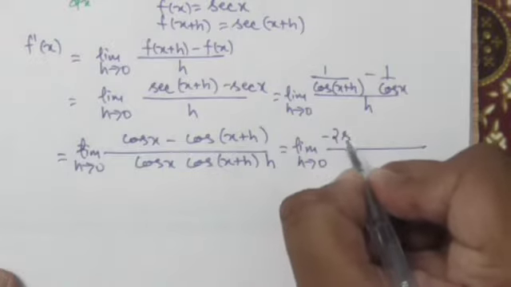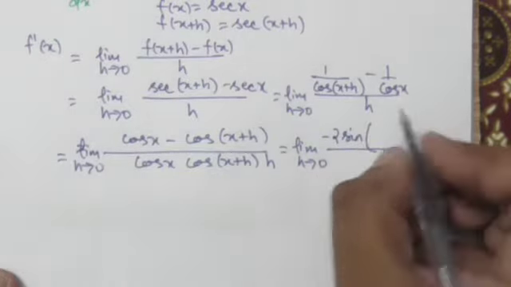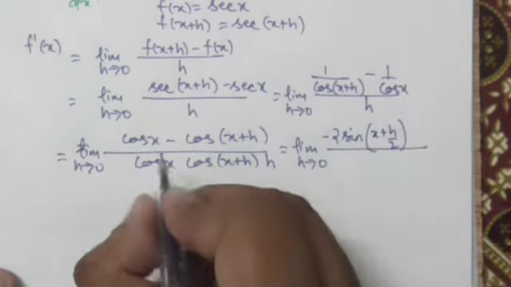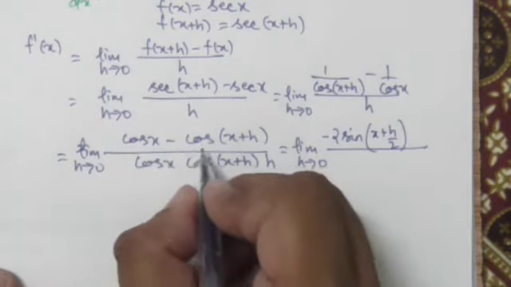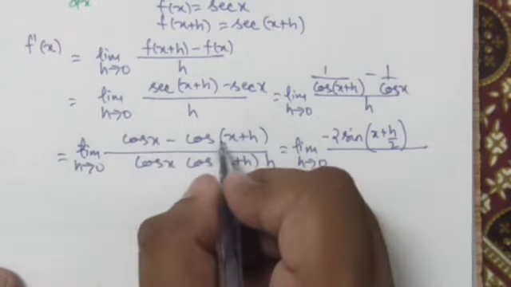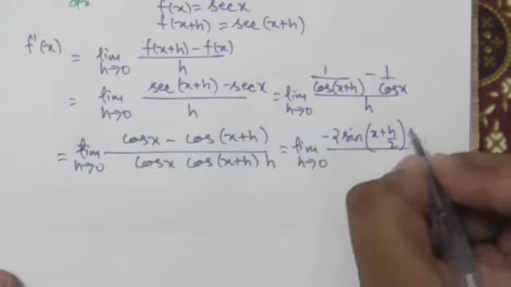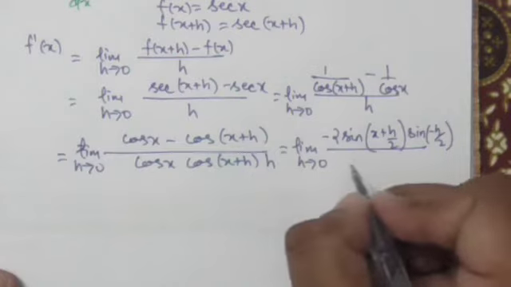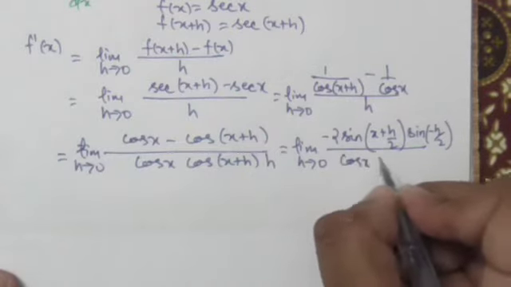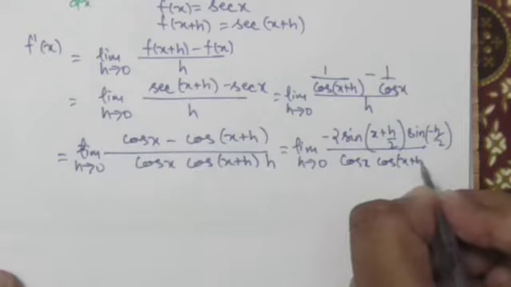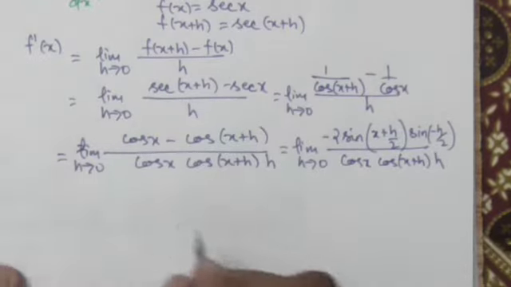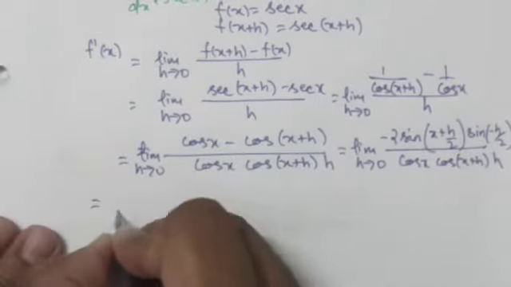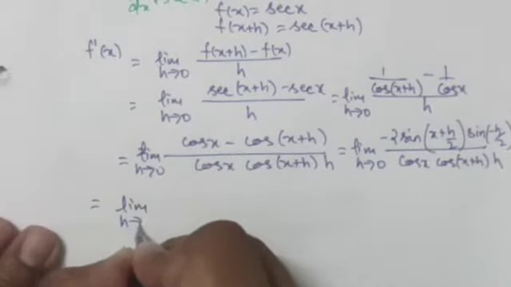Minus twice of sin((A + B)/2), that is (x + x + h)/2, into sin((A - B)/2), that is (x - x - h)/2, that is sin(-h/2). Okay, it will be equal to limit h tends to 0.